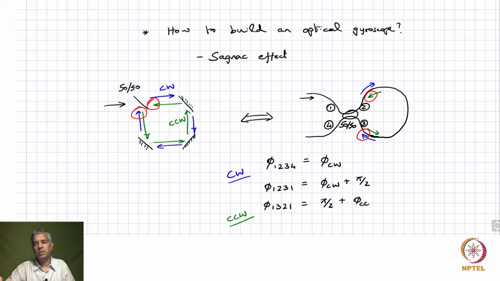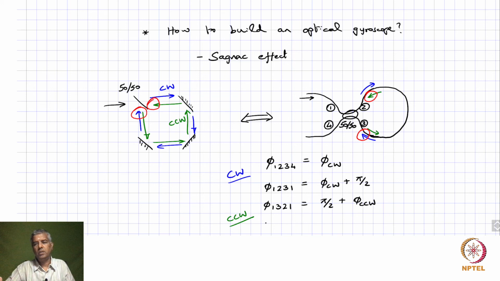So you have a phi CCW. And what can you say about phi CCW? That is going to be the same as phi CW, provided everything is static. Even if there is a perturbation, both of them experience it. So phi CW and phi CCW are going to be the same, right? And then of course you're at 2 and then going back to 1, there is negligible phase shift. So that's about all we have.